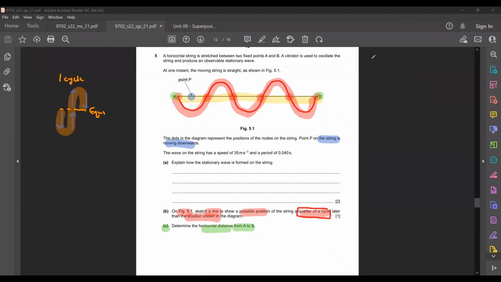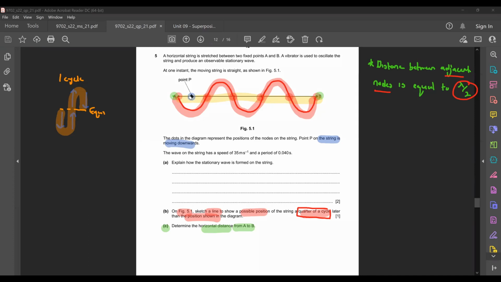For stationary waves, it was mentioned to you before that distance between adjacent nodes is equal to half a wavelength. So distance between adjacent nodes is always going to be equal to half a wavelength.